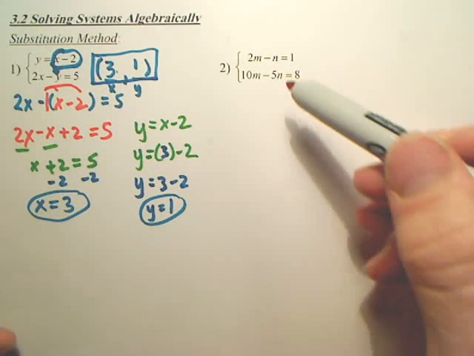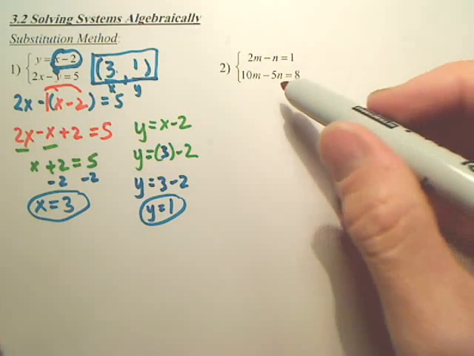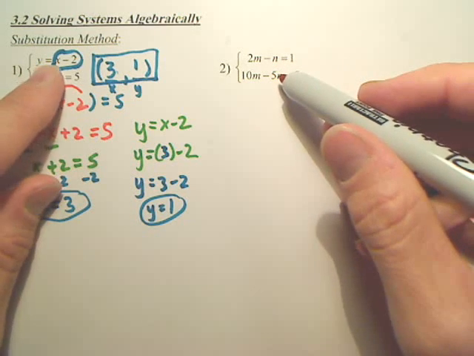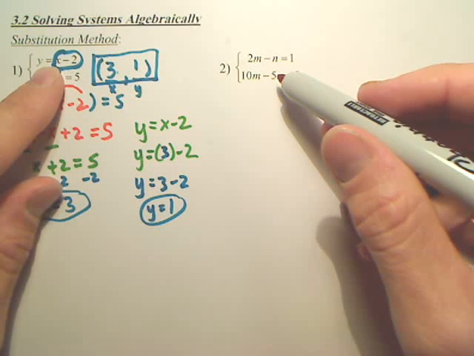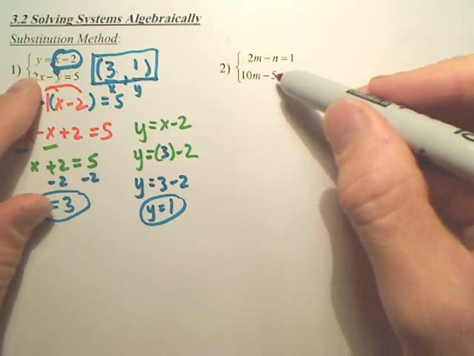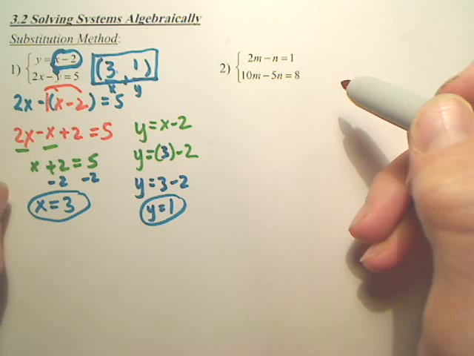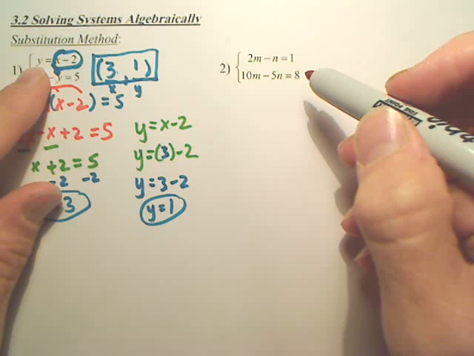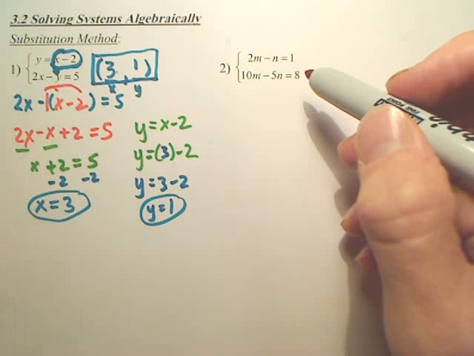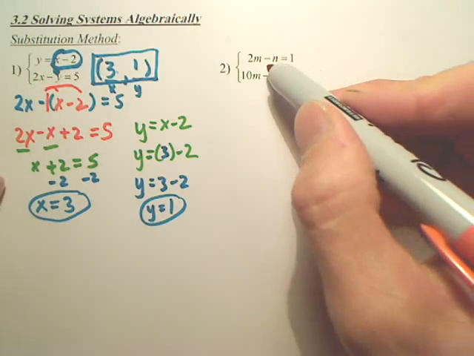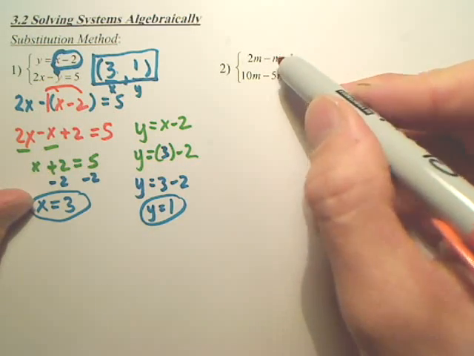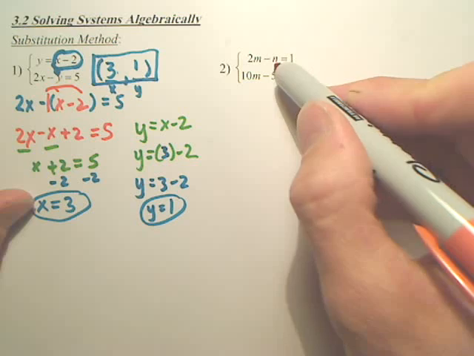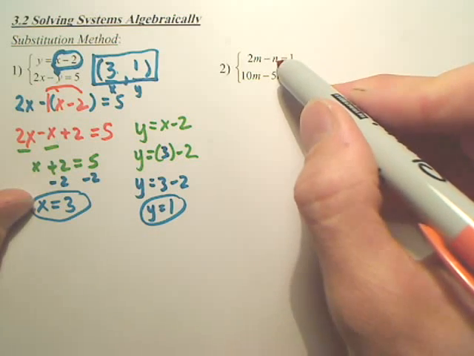Substitution. Now, number 2, are either of these equations nice and pretty set up like this? No. So what we want to do is look at these two equations and go, which one can I easily change to get a variable by itself so I can then plug it into the other one? Looking at this, I look at the top one and I go, isn't that negative n going to be really easy to get by itself?